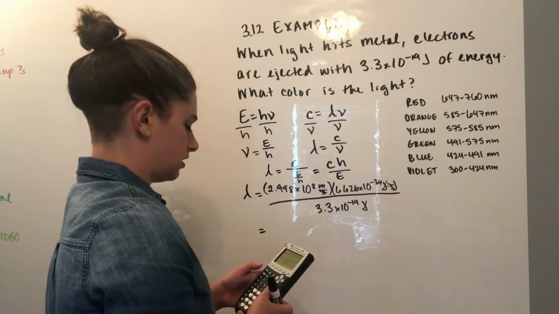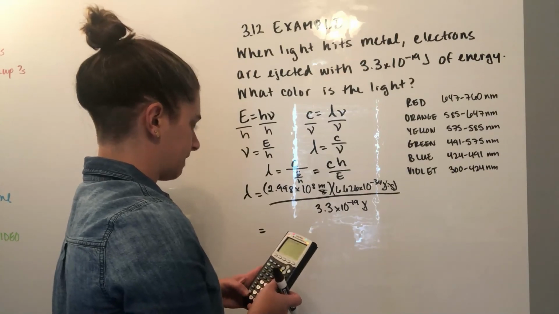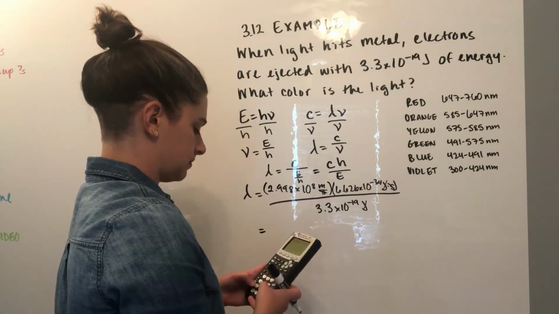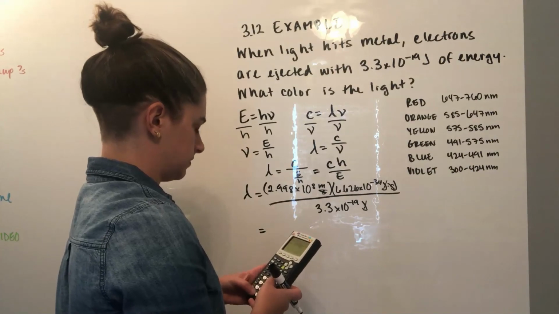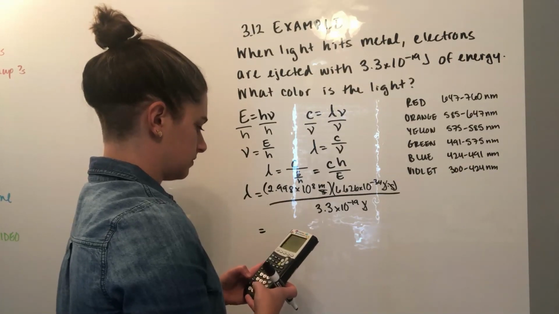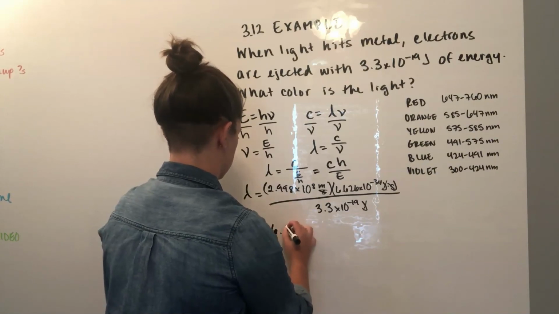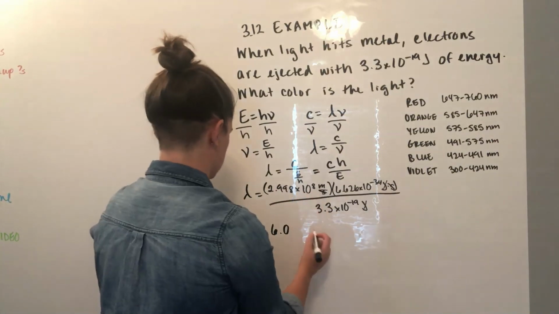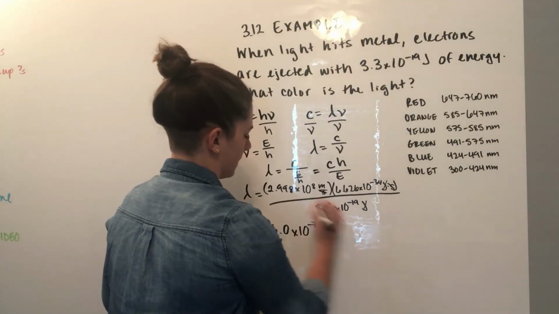And as I say that, I type something in incorrectly. Okay, and I get 6.0. I only get 2 significant figures because I've got 2 here. So 6.0 times 10 to the negative 7th meters.